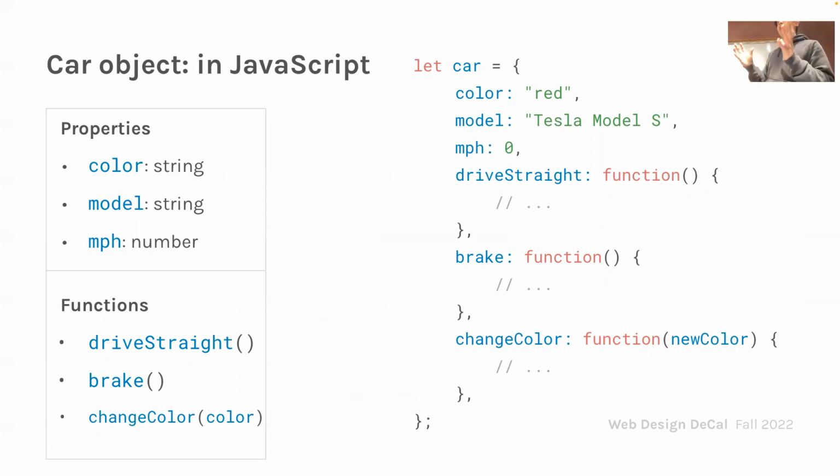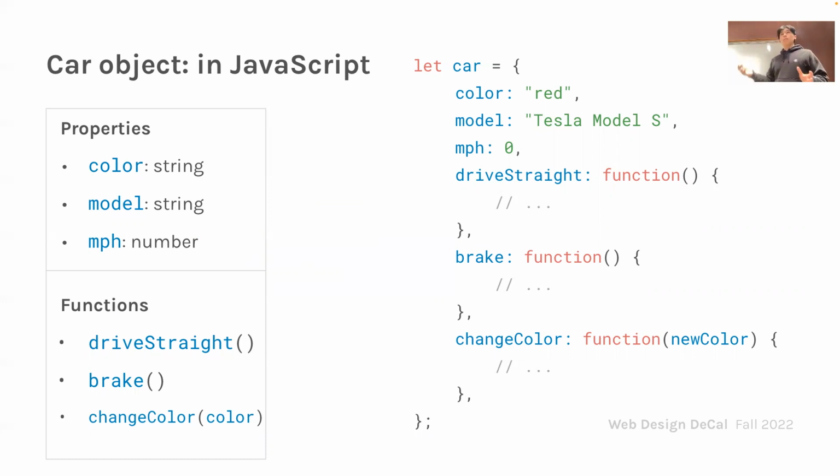And the way we package this all together is it's stored into a variable again. So we do let car. Again, let is the keyword we use to define a new variable. And then we use these curly braces to surround this object, and that's how we know it's an object.